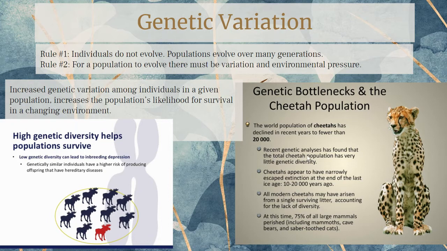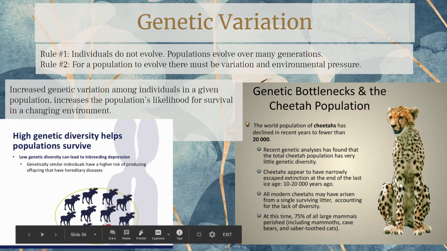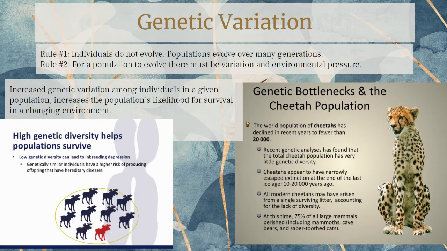Recent genetic analysis has found that the total cheetah population has very little genetic diversity. Cheetahs appear to have narrowly escaped extinction at the end of the last ice age between 10 and 20,000 years ago. All modern cheetah have arisen from a single surviving litter. This is part of the reason that they have a very low genetic diversity.